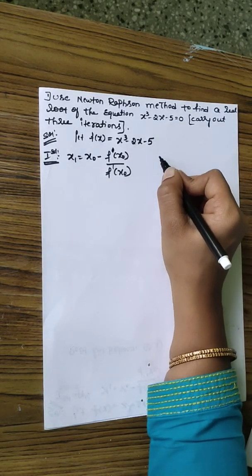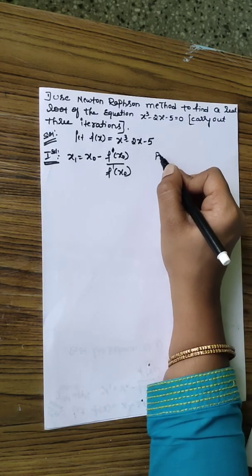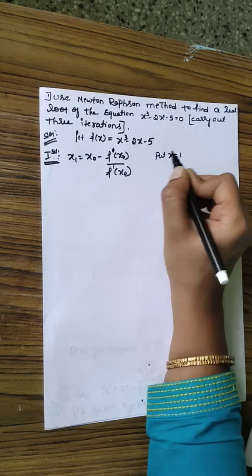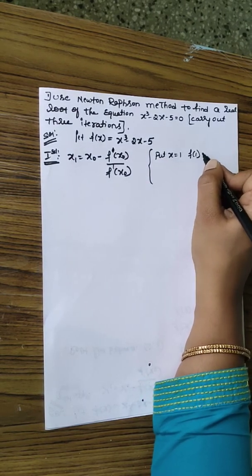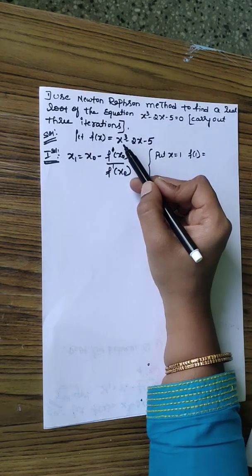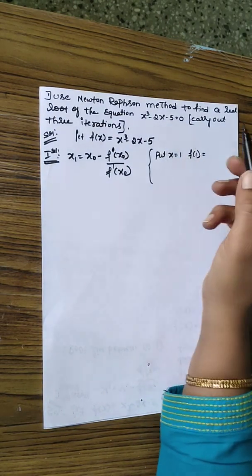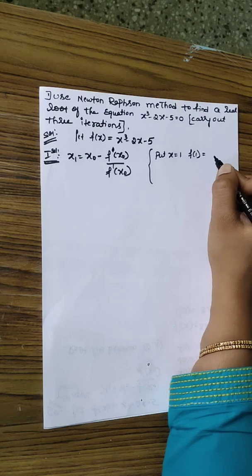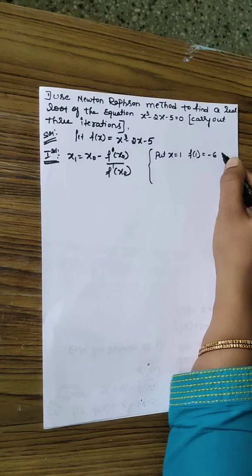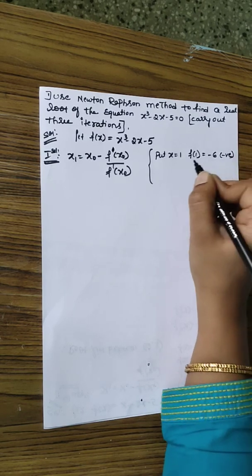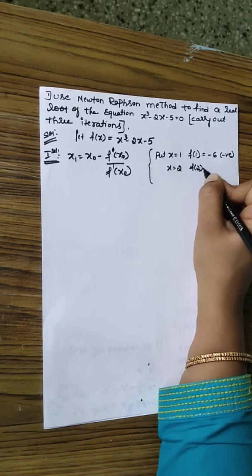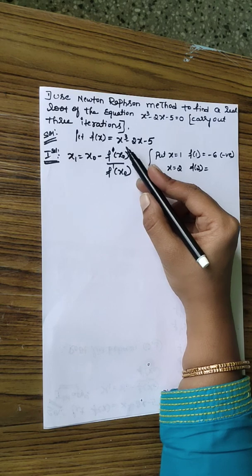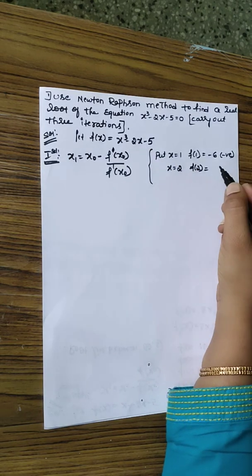Let us suppose we put x equal to 1 in the given equation. So f of 1 equal to 1 cube minus 2 minus 5. After simplification, we get minus 6. This one is negative. Then put x equal to 2: f of 2 equal to 2 cube minus 2 into 2 minus 5.